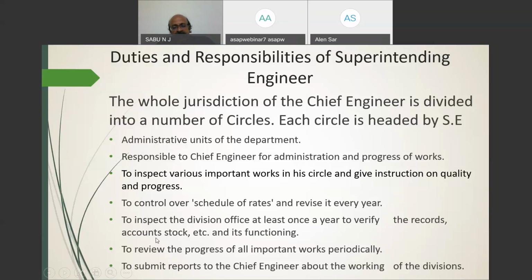Okay, to inspect the division office at least once a year to verify the records and accounts. As a part of the inspection, the higher officers are supposed to conduct some inspection.